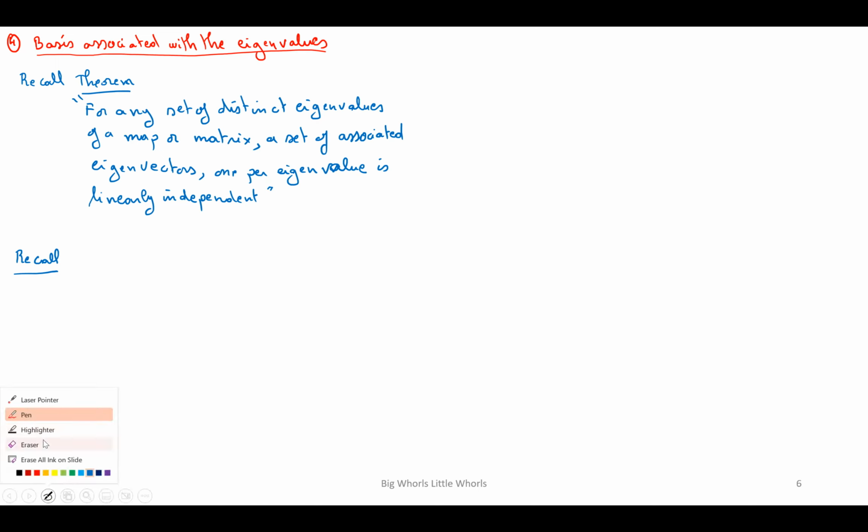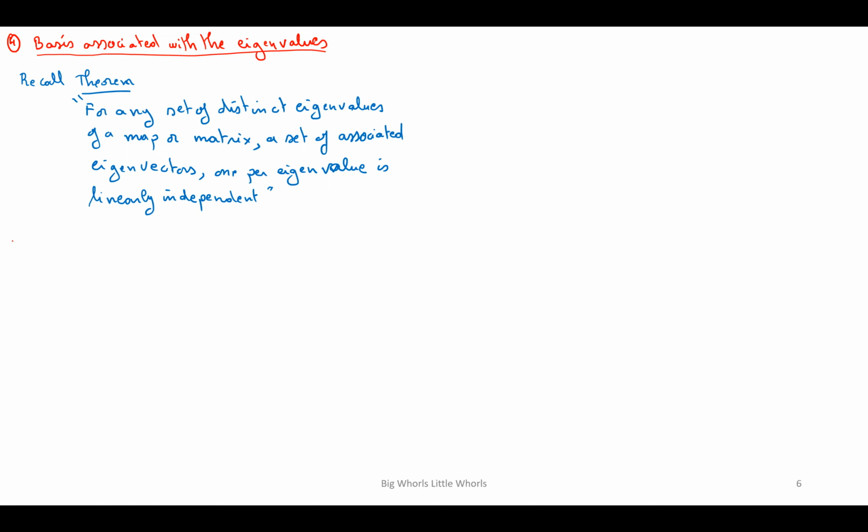Let me do it later on, but let's find our basis. So basically, we have seen that if we have distinct eigenvalues of a map or a matrix, then if we take a vector from each associated eigenspace, then we can form a basis.